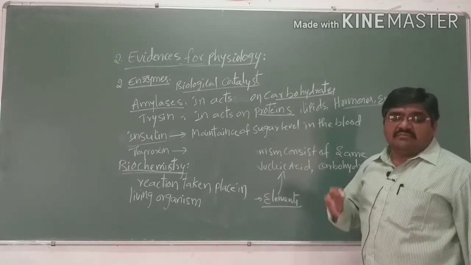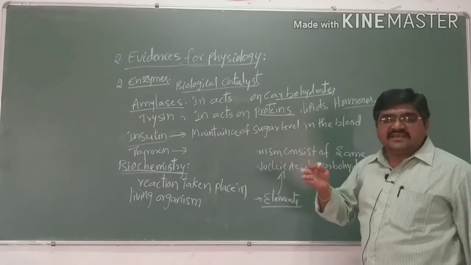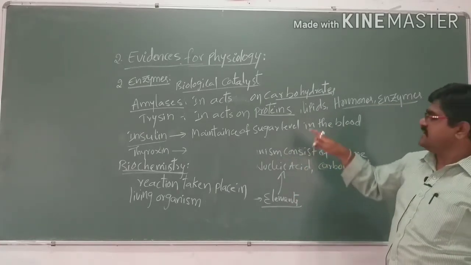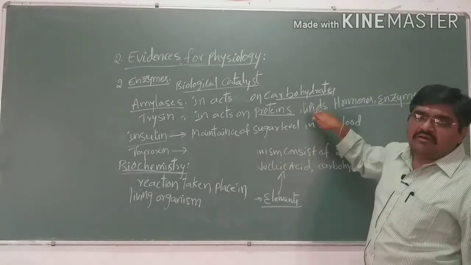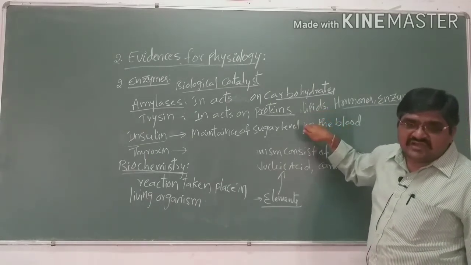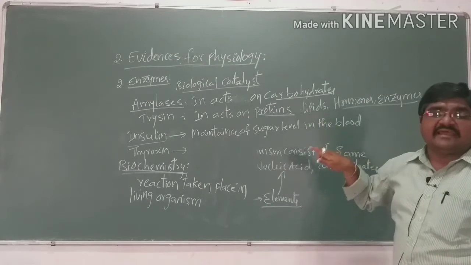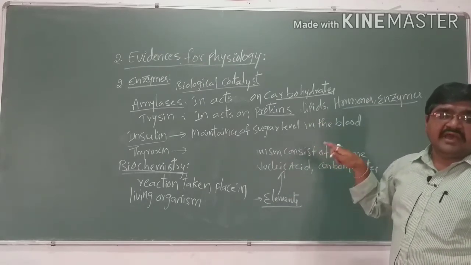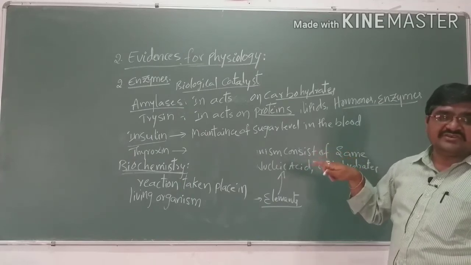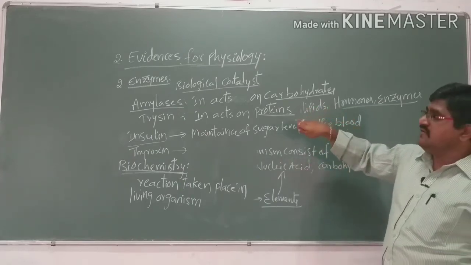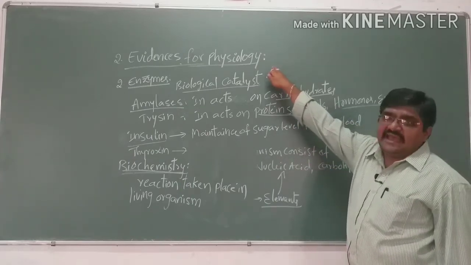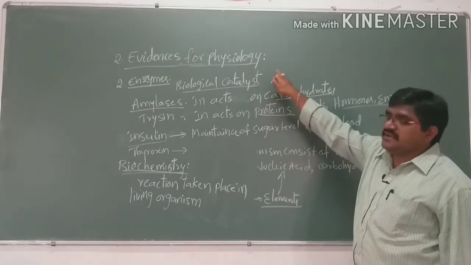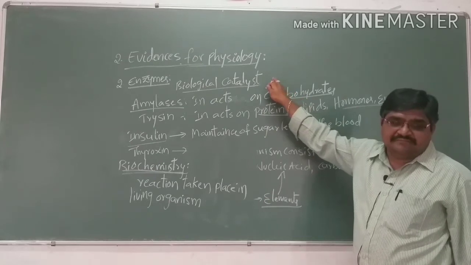So from a single cell to the multicellular organism, the same type of characters will be presenting in all organisms, which shows the ancestral characters from a living organism, and these ancestral characters show that evolution has taken place. These are the evidences in physiology, that is, evidences for physiology.